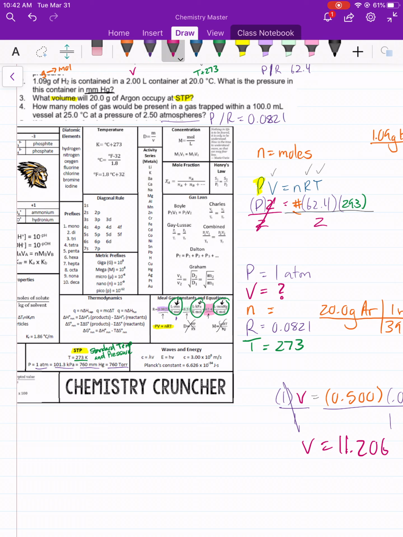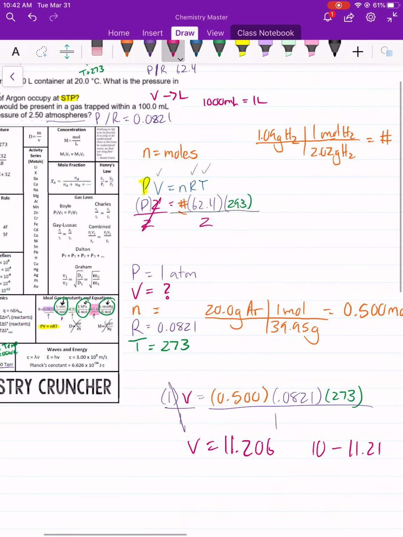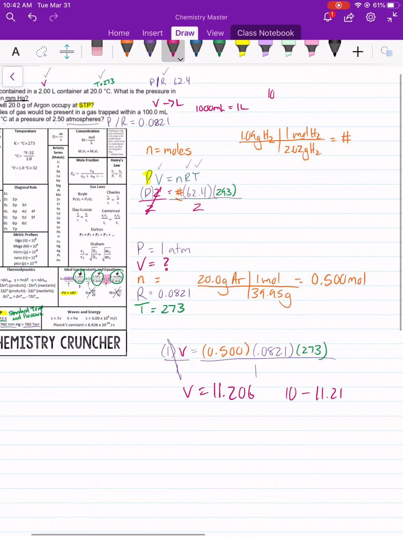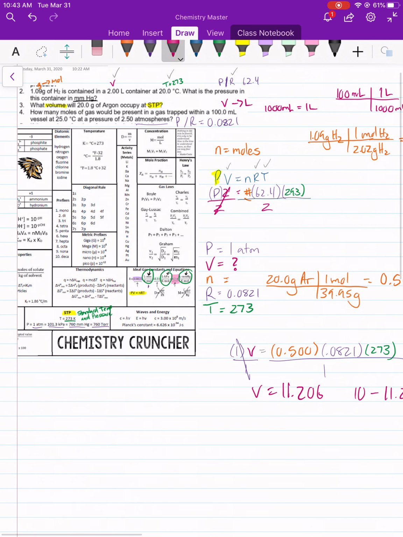This volume here is in milliliters, so you need to change that to liters. There's 1,000 milliliters equal to 1 liter, so you need to divide this number by 1,000. 100 divided by 1,000. I'll show you the bridge. 100 milliliters, 1,000 milliliters, 1 liter. So you need to divide that. That would give you your V.